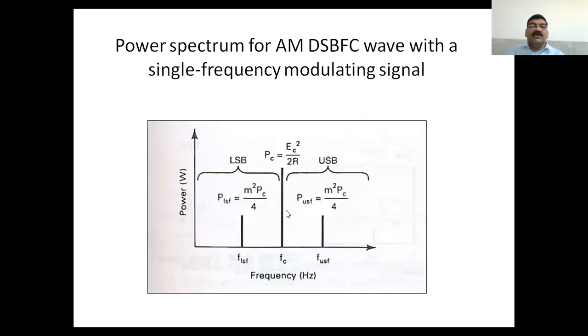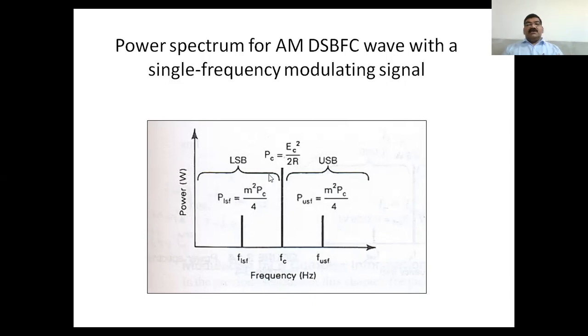So here this is the carrier frequency, and this is your lower sideband. The lower sideband power is M square PC by 4, the upper sideband power is M square PC by 4, and the power of the carrier is PC. Most of the time this power formula as well as this spectrum is asked. So don't confuse it with the voltage spectrum, the voltage frequency band spectrum.